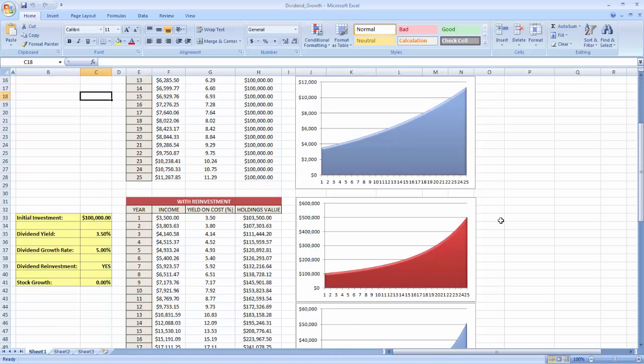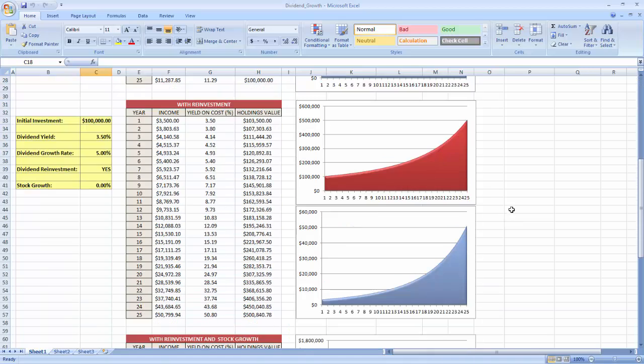So the next example includes reinvestment of those dividends. What this is using for assumptions: the same $100,000, the same 3.5% dividend yield, the same 5% annual dividend growth rate, but they're reinvested. So this income column on the left, your dividend checks, instead of taking those and spending them, it's letting it reinvest, taking those dividends and buying additional shares each year.